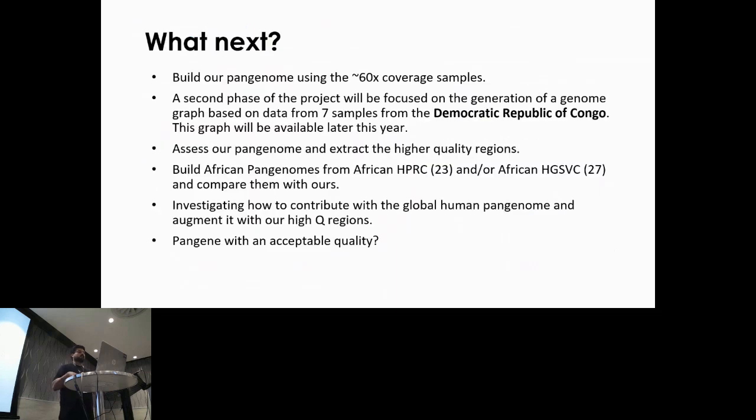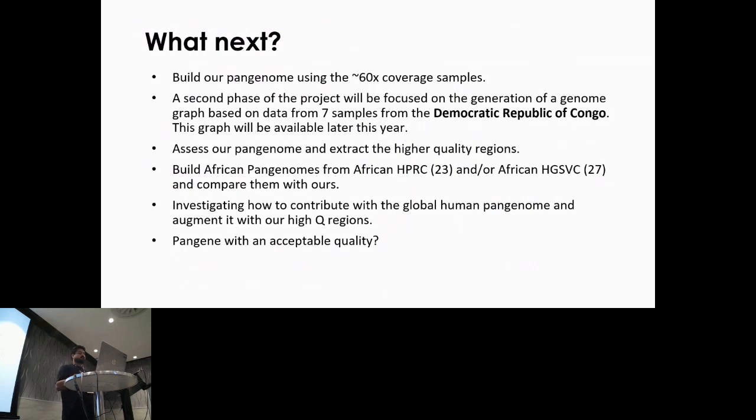So what is next? What we are doing now is starting to build the pangenome using the 6x coverage samples, and as I mentioned, the T2T for the DRC samples. We are also working to assess our pangenome and extract the high-quality regions, and to build different African pangenomes from the global HPRC pangenome and also the AGSVC, and to investigate how to contribute to the global human pangenome and augment it with our high-quality regions.